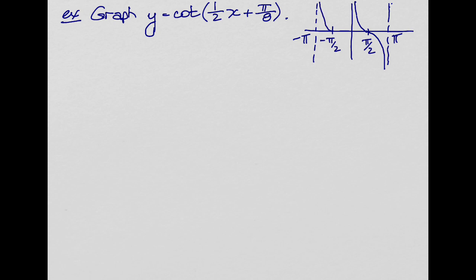And there's 2 periods of this, just the generic y equals cotangent x. And as noted, its asymptotes are at multiples of pi.